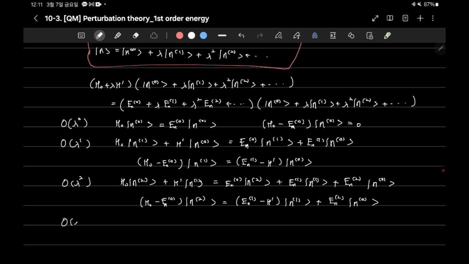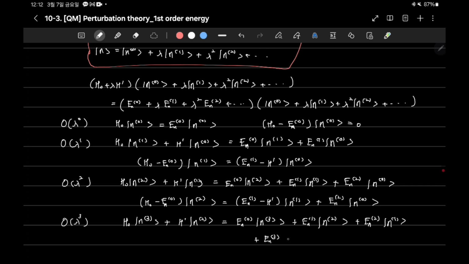Likewise, for the order of lambda cubed, we have H0 with the third order eigenvector, H prime with the second order eigenvector, equal to the zeroth order energy with the third order eigenvector, the first order energy with the second order eigenvector, the second order energy with the first order eigenvector, plus the third order energy with the zeroth order eigenvector.